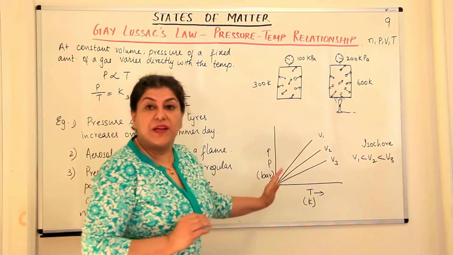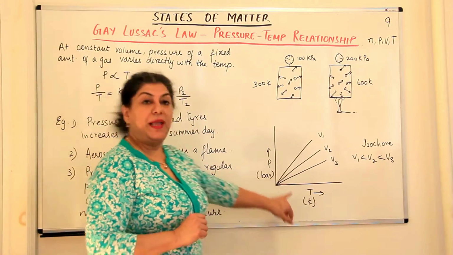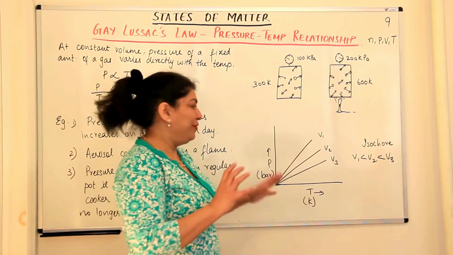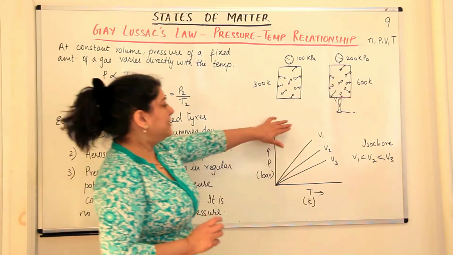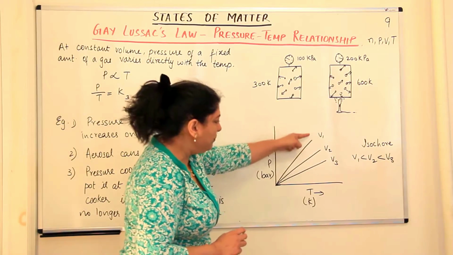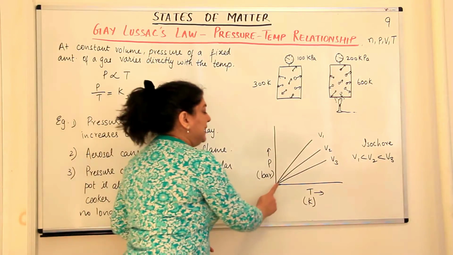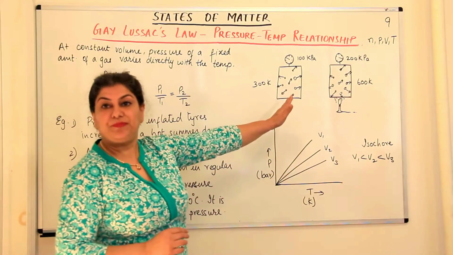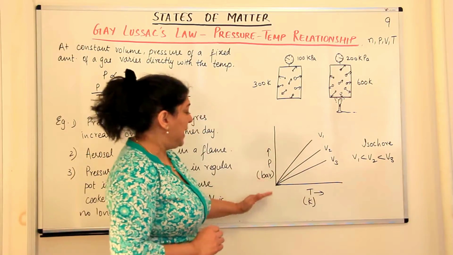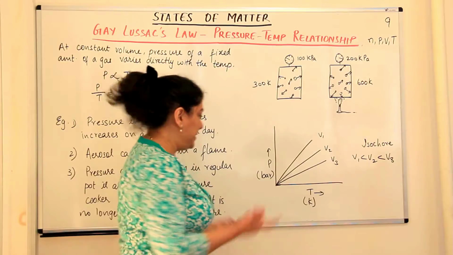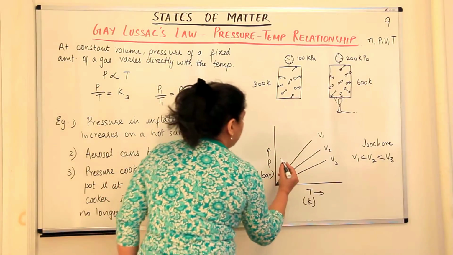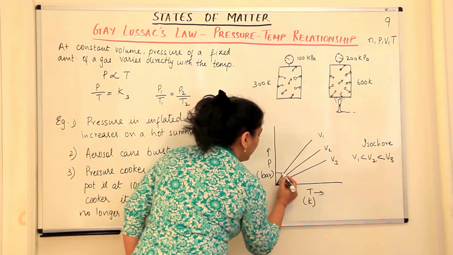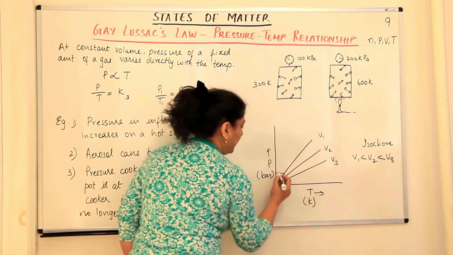Now if we plot a graph between the pressure and the temperature of the gas, and we keep the volume constant, at a certain volume V1, we plot the curve, we find that it's a linear positive curve. Linear positive curve means as pressure increases, temperature increases, and we see, if you notice here, that as the pressure was this much, the temperature was this much for V1.